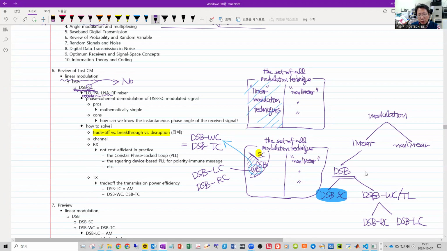We may need RF mixers in the transmitter to up-convert our message signal, or an RF mixer to down-convert our received signal to real baseband.